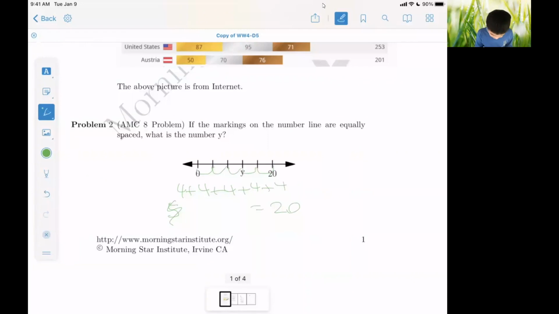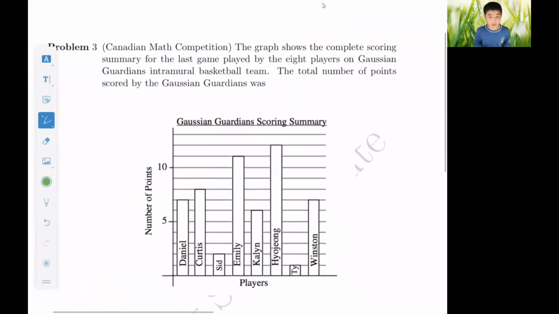So each segment should equal 4. There are 3 fours to what we want, and what we want is y. 3 fours added together, 4 plus 4 plus 4 equals 12. So y equals 12.